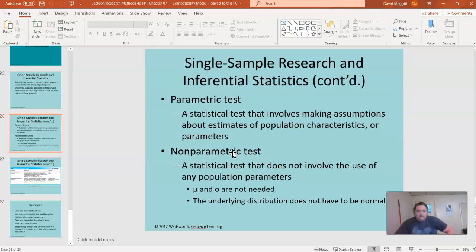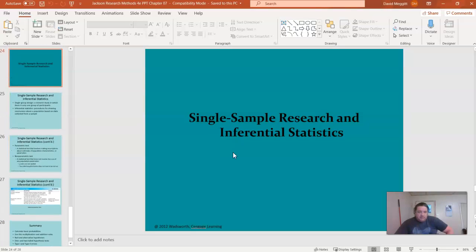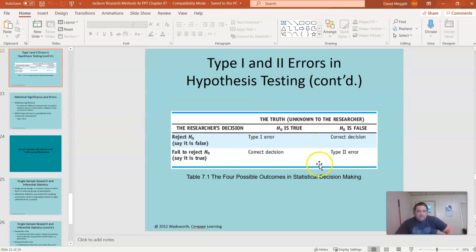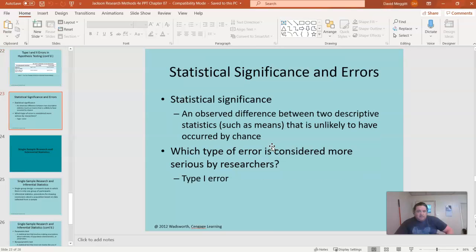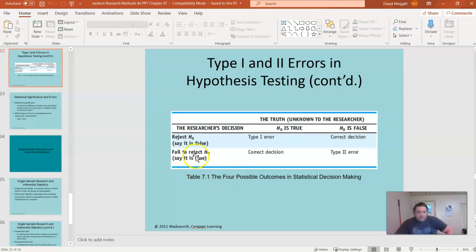Just understand, and you'll be able to look these up when you take the test, that like the book text says, type 1 error is the worst kind of error because that is the type of error where we're rejecting the null hypothesis and saying that something exists when it didn't.